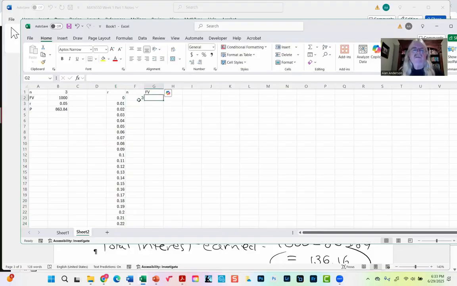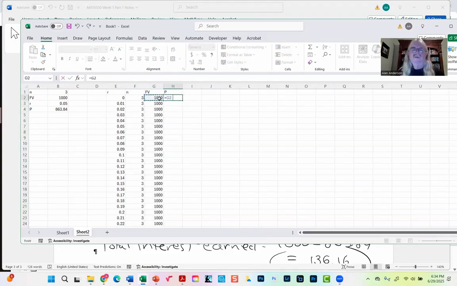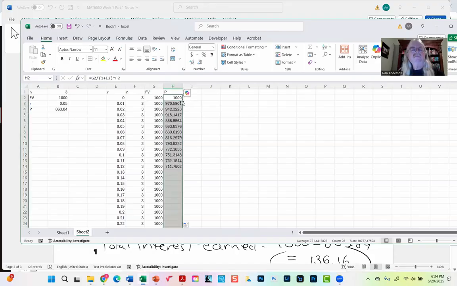PV is 1,000. So for this, we have 1,000 over 1 plus R raised to the n power. And then I'll grab these two columns.